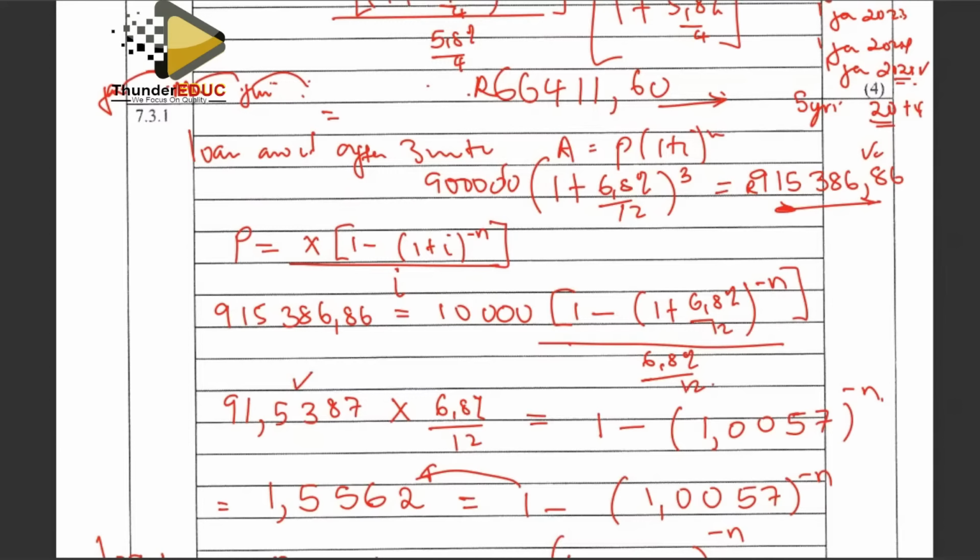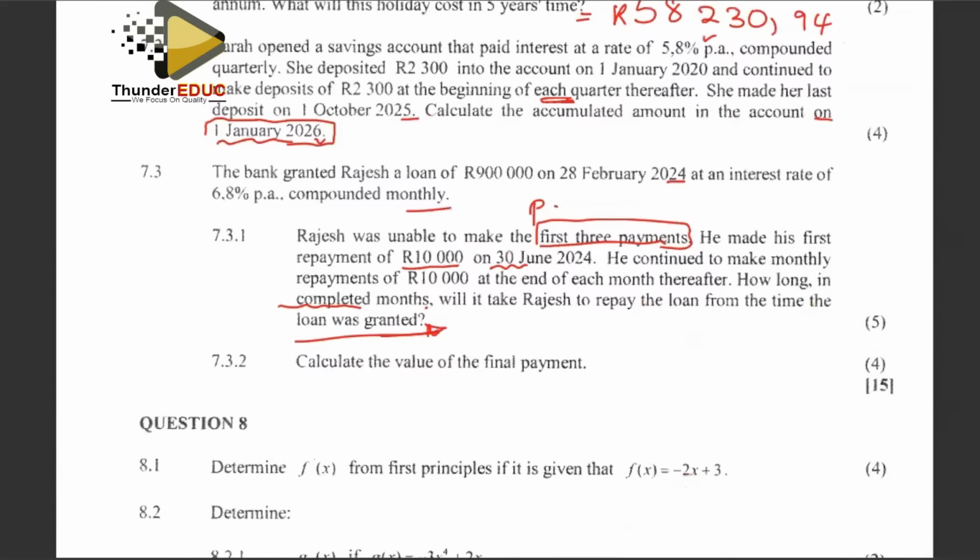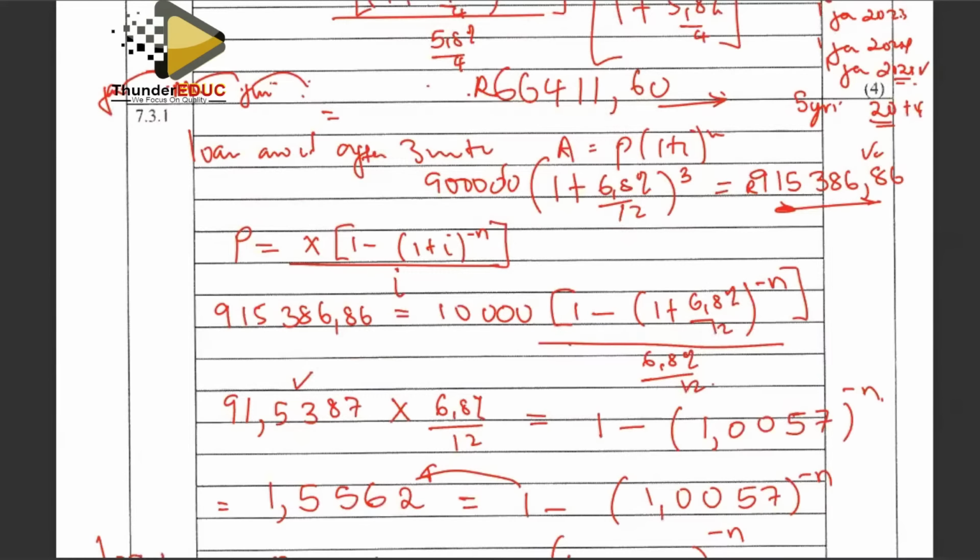And then when you multiply by the 6.8% over 4, that gives me the 1.5 compounded monthly. Okay, which seems legit.